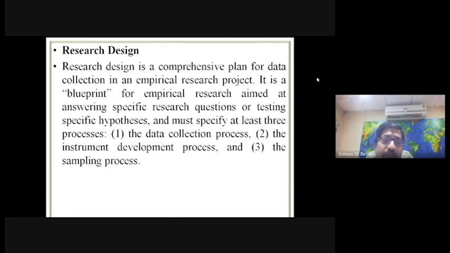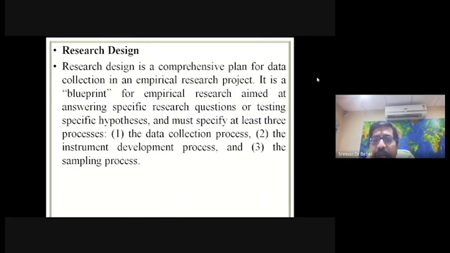Photocopying was also difficult. We used to write points in books. Data collection was a big issue in those times. Nowadays, if you have internet, you can somehow get all the data. That is a bit easy now.